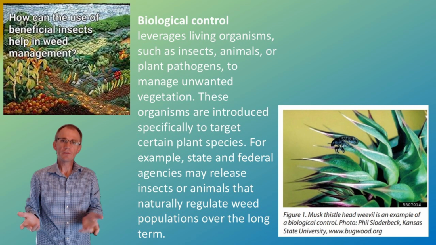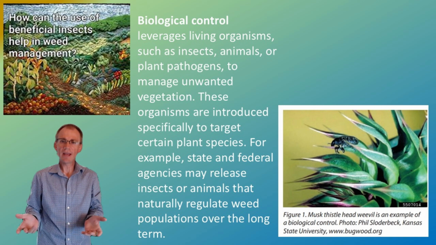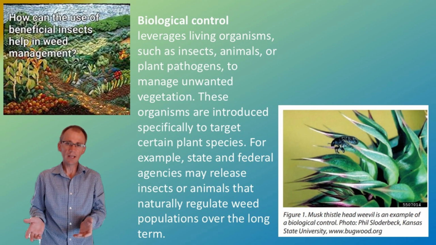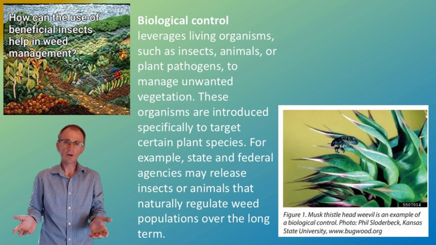How can the use of beneficial insects help in weed management? Biological control leverages living organisms such as insects, animals, or plant pathogens to manage unwanted vegetation. These organisms are introduced specifically to target certain plant species. For example, state and federal agencies may release insects or animals that naturally regulate weed populations over the long term.